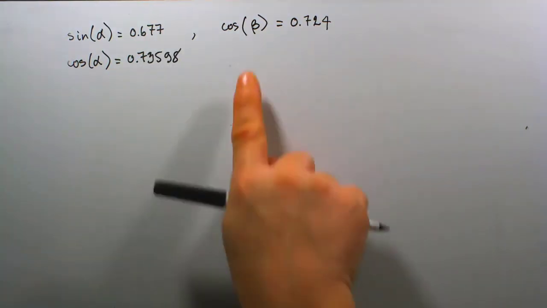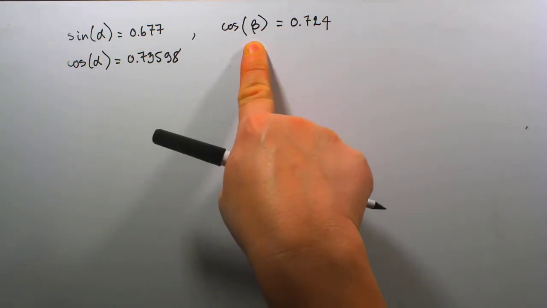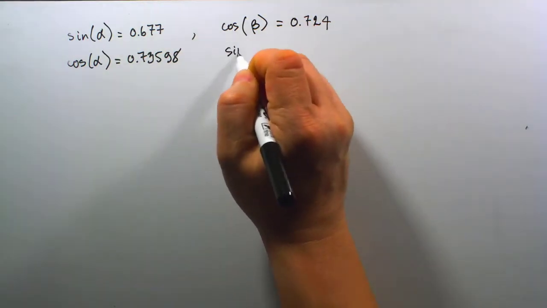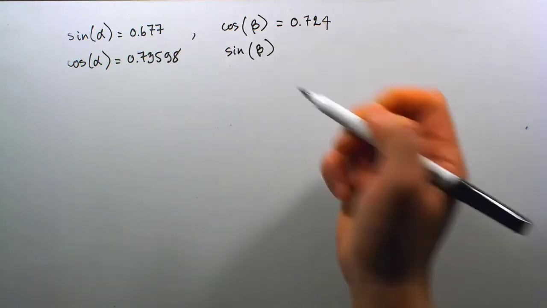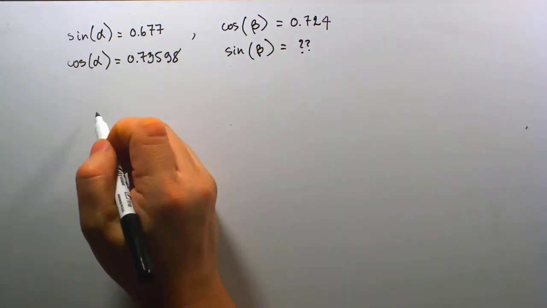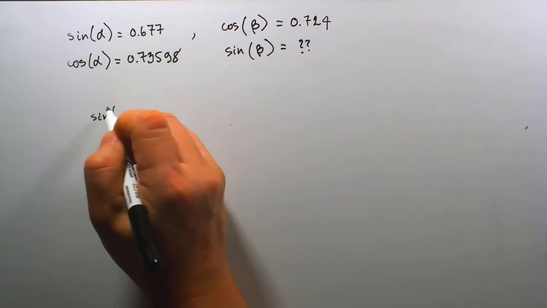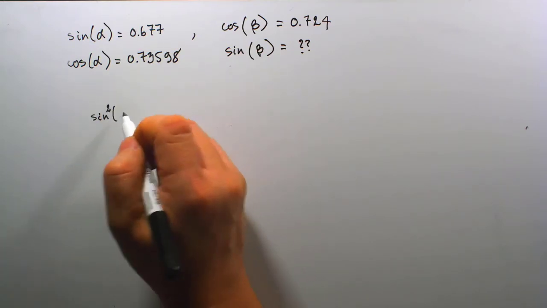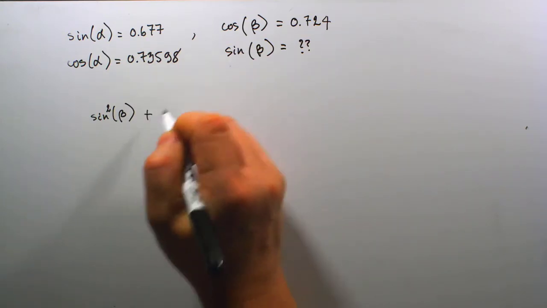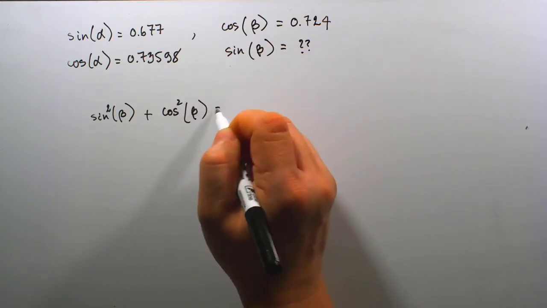And now I am going to find the other partner of cosine of beta. On this angle beta, the other partner is going to be sine of beta, and that's what I'm about to find out. Again, it doesn't matter what angle we're at, the Pythagorean identity will always hold: sine squared of beta plus cosine squared of beta must equal 1.